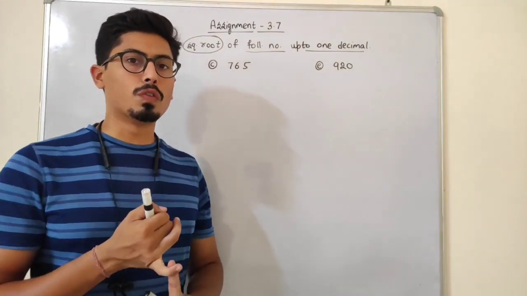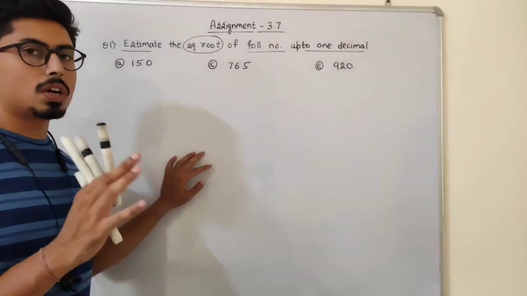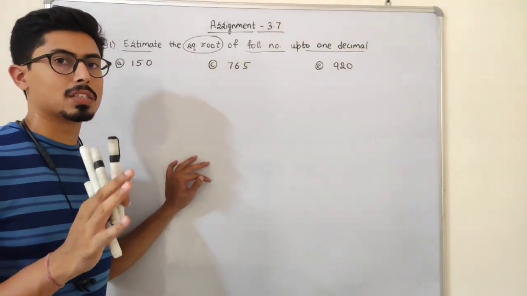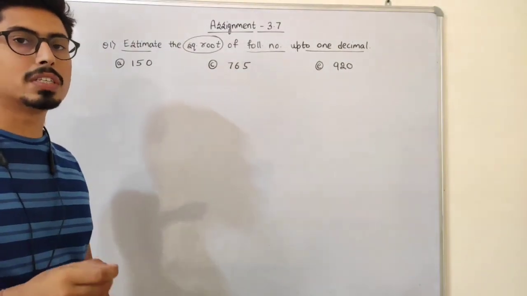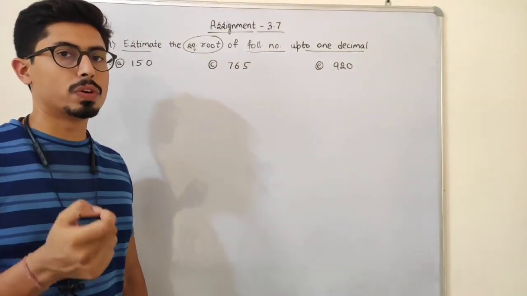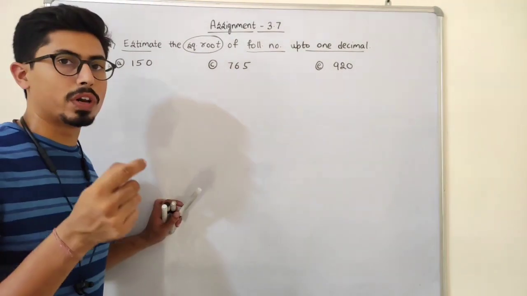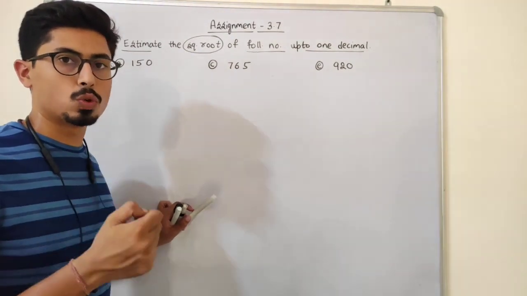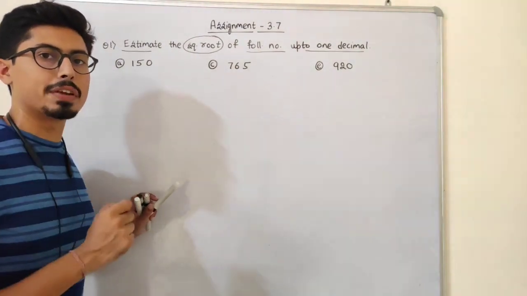What we have to do is find two numbers whose squares lie on either side of 150. If I take 10, 10 squared is 100, and 15 squared is 225. So 150 lies between 100 and 225.